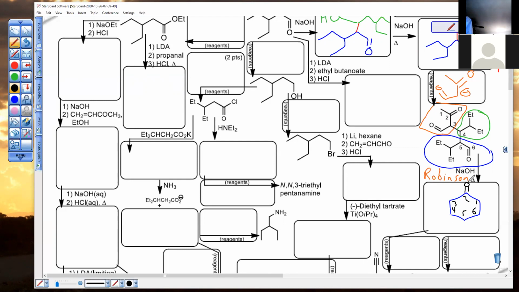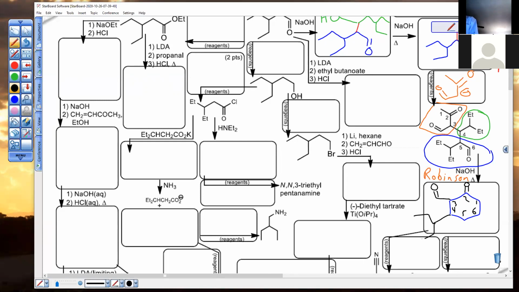3 has a formyl group. Yes, F-O-R-M-Y-L. Formyl. And 4 has an ethyl propyl group. We could follow the system up there, just draw the ethyls.